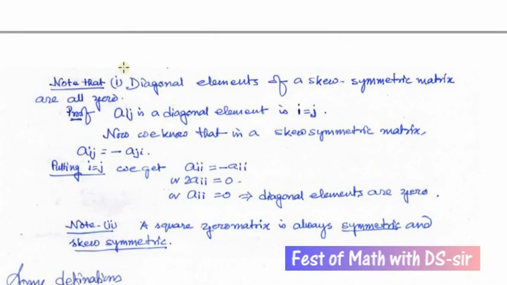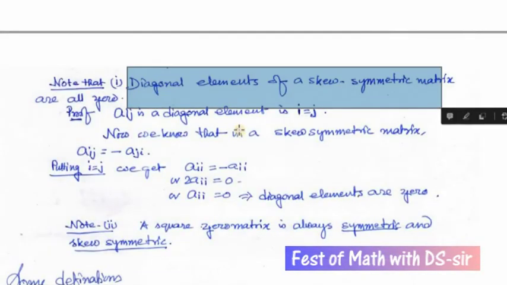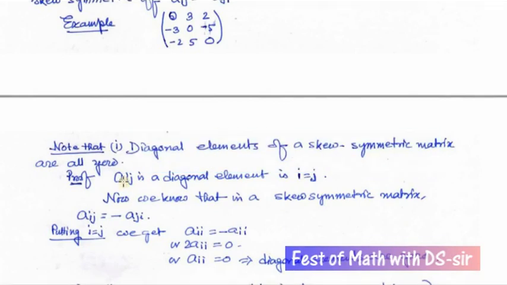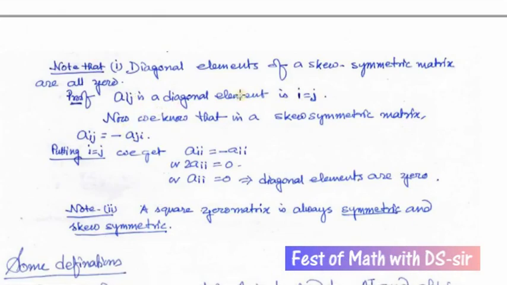Now note that the diagonal elements of a skew symmetric matrix are all zero. That statement we have already proved in the case of a determinant. The same proof is also applicable in the case of a matrix. Only the notations, the namings, are different. Aij is a diagonal element if i is equal to j.